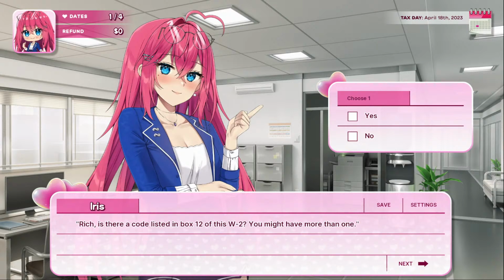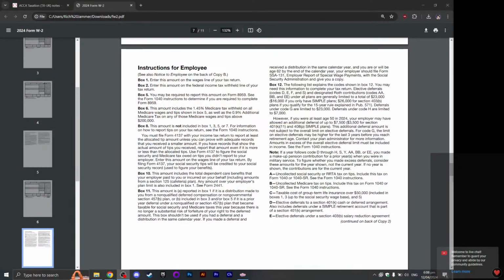You know what? Let's put this here so that you guys can read it. Deferrals under Code H limited to 7,000.